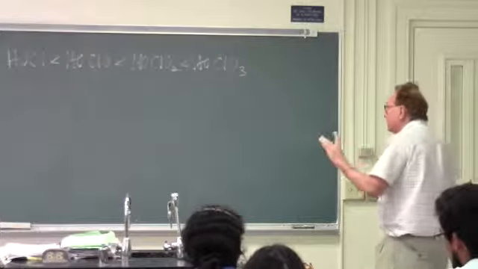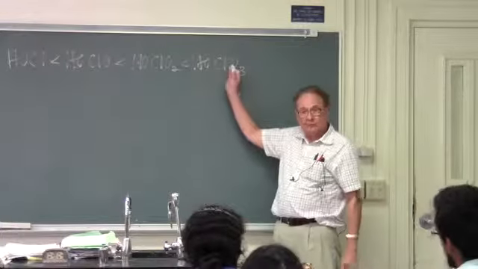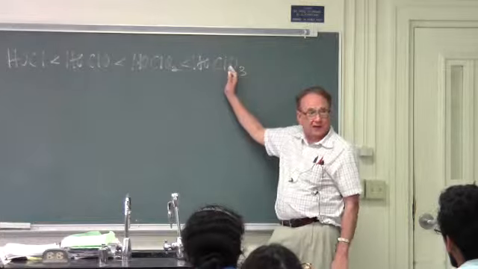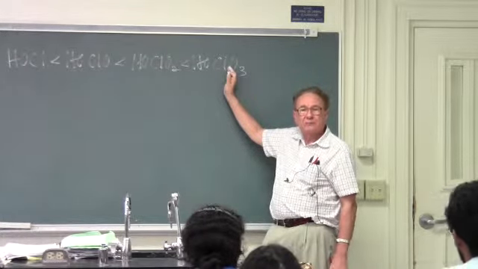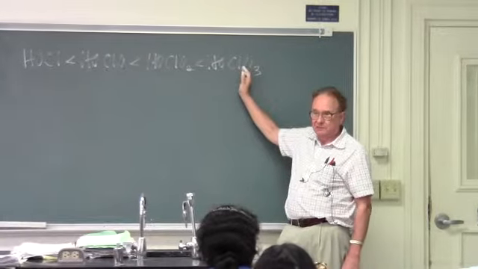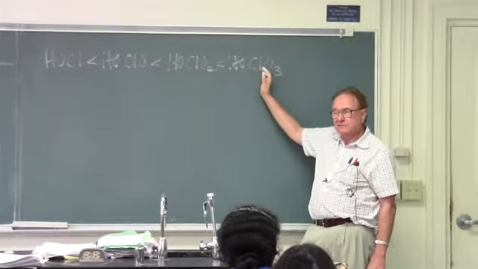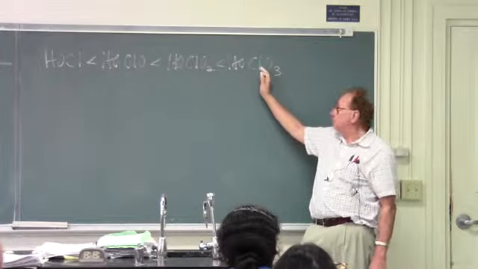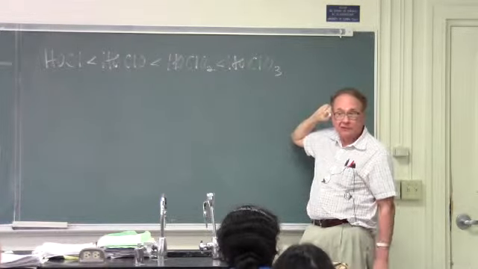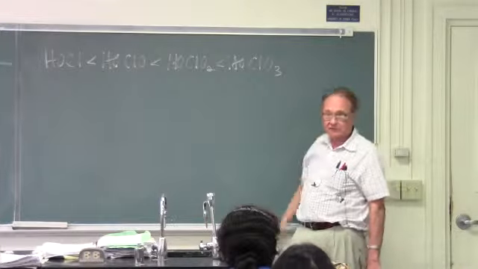But if you look back at our acid base table, you'll see this is number 1 in the list. This is perchloric acid. It's the strongest common Bronsted acid which is known. It's also referred to as the strongest common mineral acid.